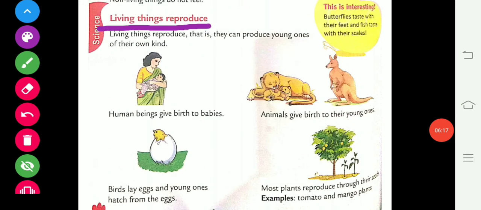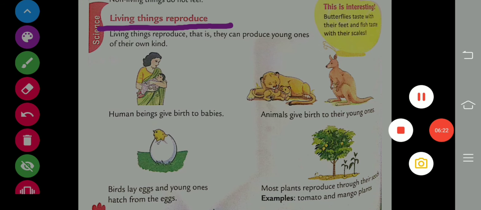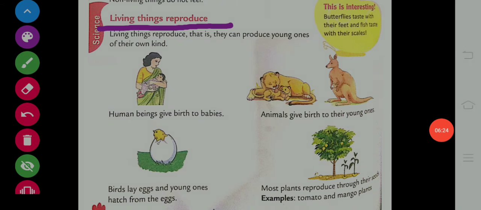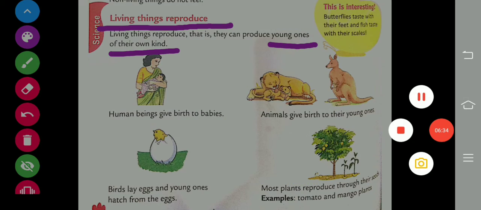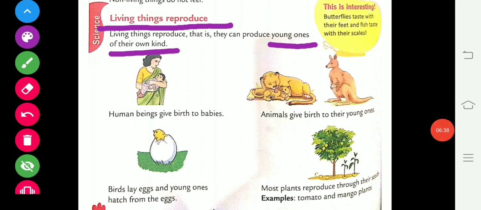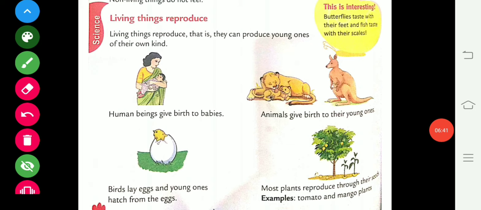Now we read about how living things reproduce. Living things reproduce, that is, they produce young ones of their own kind. Whatever they are, they give birth to young ones like themselves.